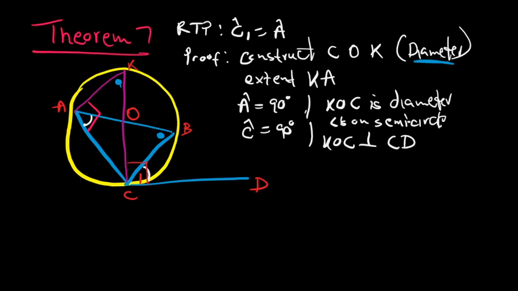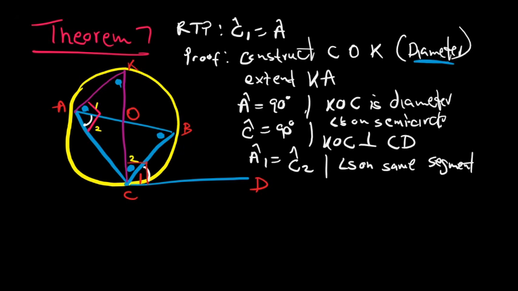So we've proven that these two are 90 degrees. And what we need to note is that this angle here is equal to this angle here. Let's say this is A1, this is A2, this is C2. So we can simply say angle A1 is equal to angle C2. Reason: angles on the same segment.